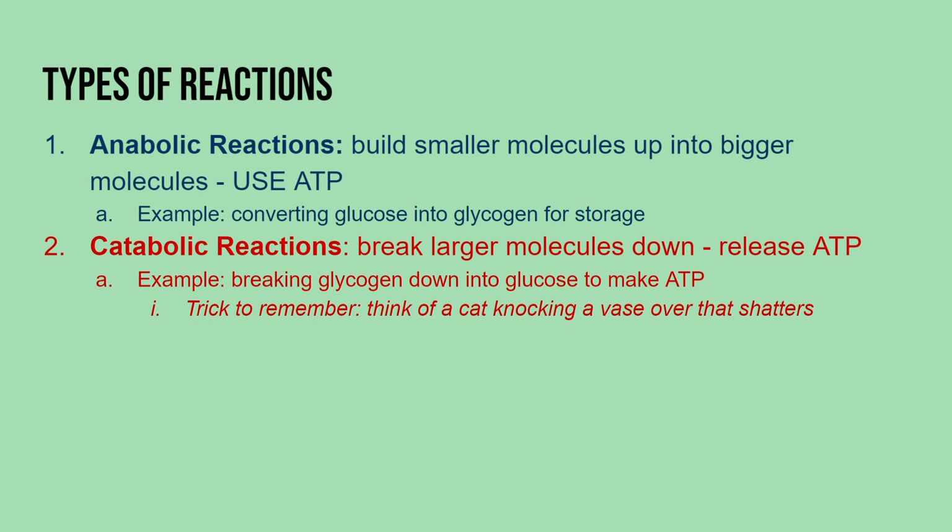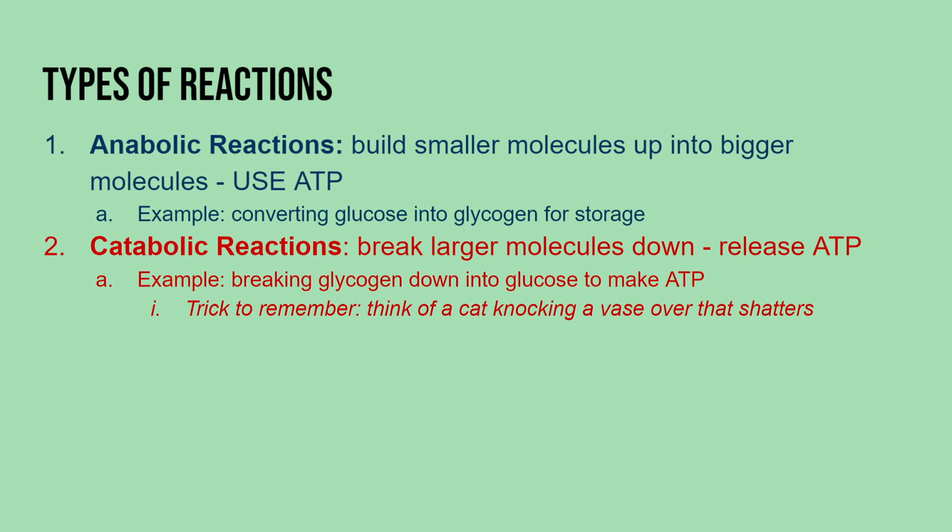So there are two really important types of reactions. I would star this slide. Understanding these reactions is really important to understanding everything that we're going to talk about in metabolism. Anabolic reactions are building smaller molecules into bigger molecules, so you use ATP to do that.